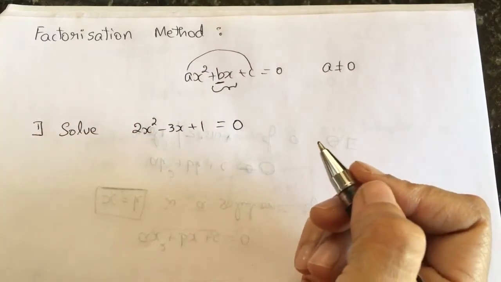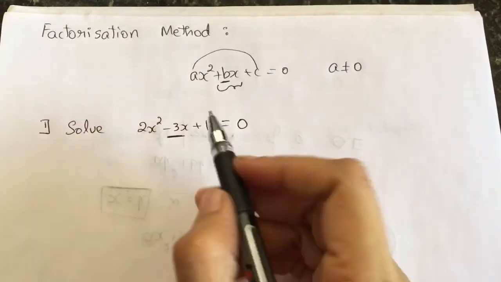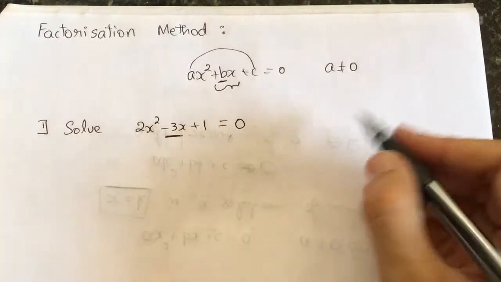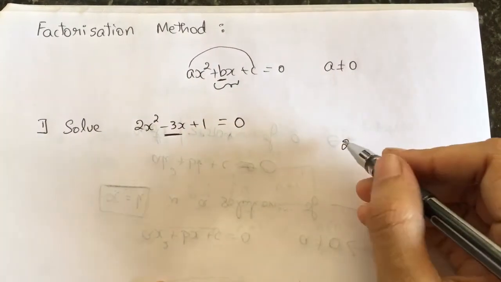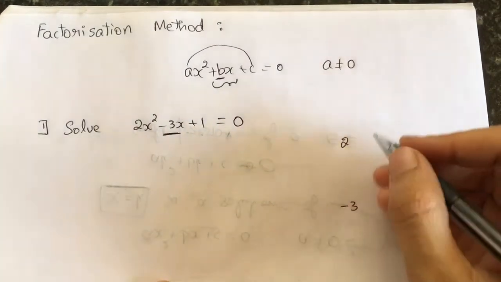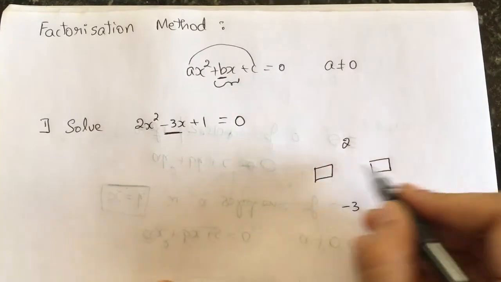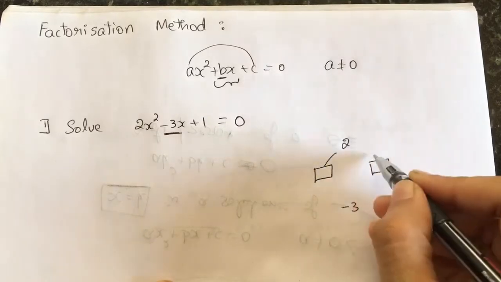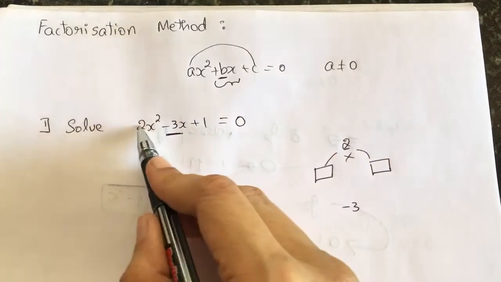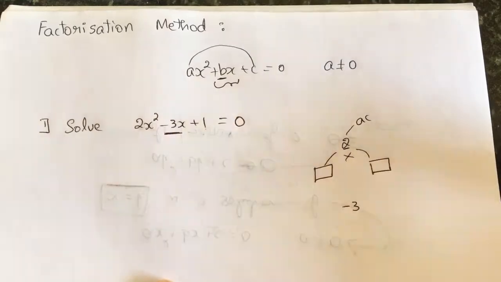How to factorize the middle term in this? I have to find two numbers in such a way that their product is 2 into 1, which is 2, and their sum should give me minus 3. When I multiply them, I should get 2, in the sense 2 into 1, that is AC.